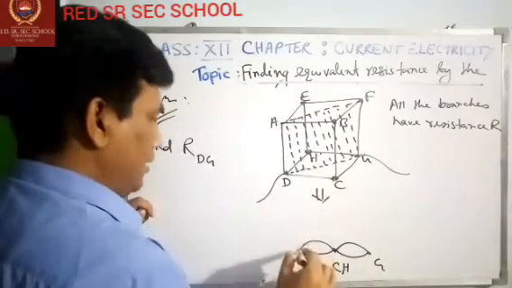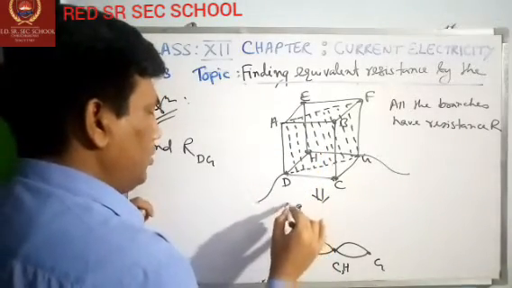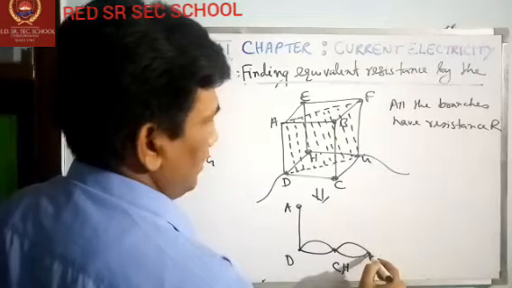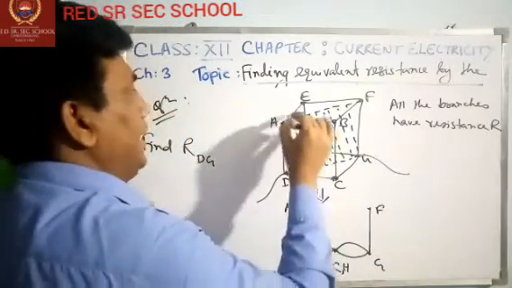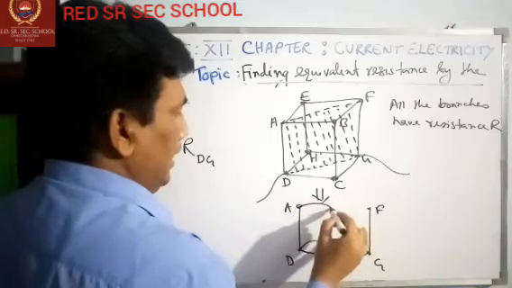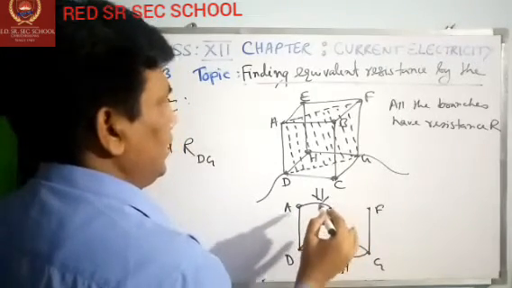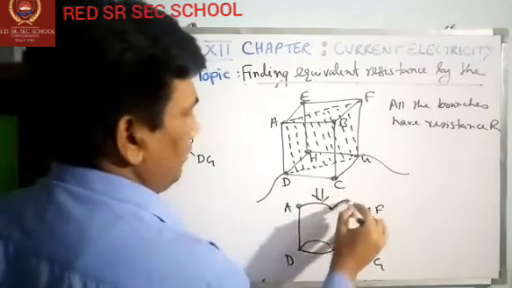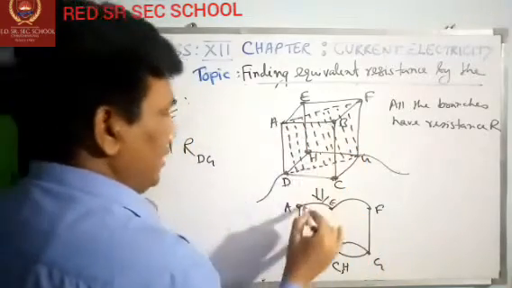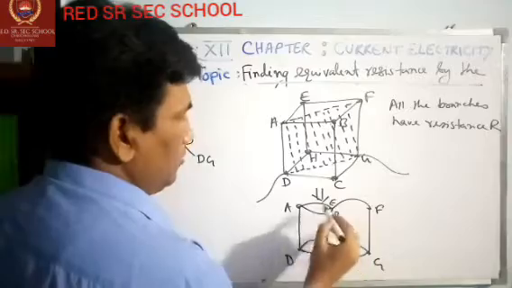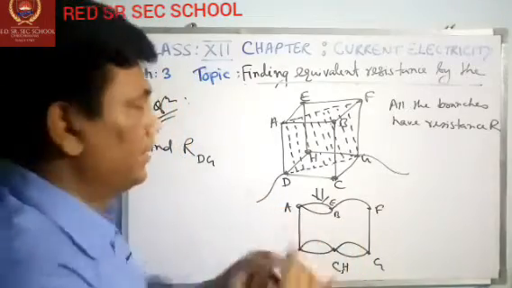Then D to A, D to A, this point is A. Then Z to F, so this point is F. Then A to E, A to E, this point is E. Then E to F, okay, this point is E. A to B, A to B, so this point is B also, because B and E are clubbed.